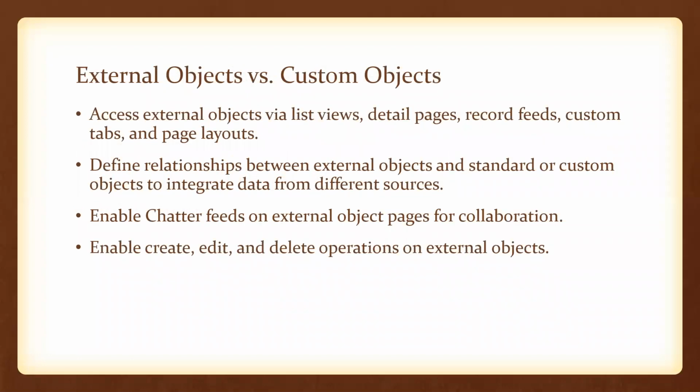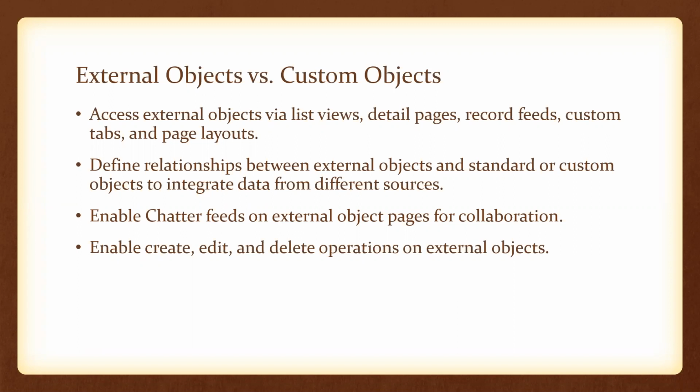The obvious question we might get: what's the difference between external objects and custom objects? Basically, external objects will look like custom objects. We can have list views, detail pages, record feeds, custom tabs, and page layouts.